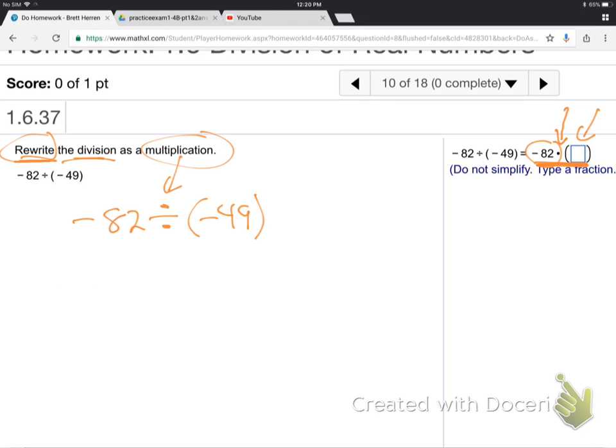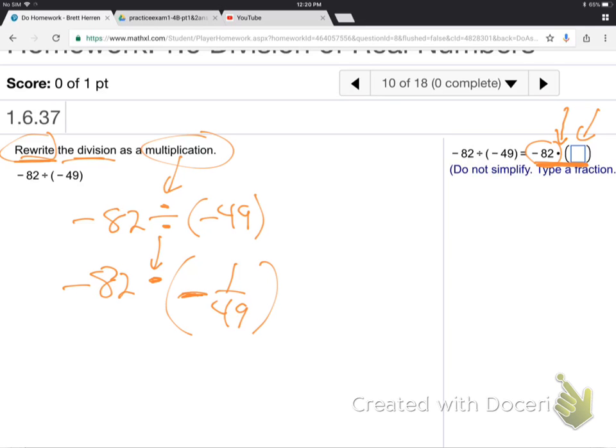Instead of minus 82 divided by something, make it minus 82 times something. How can I change the question? It also says type as a fraction, so what I'm thinking is probably it's going to be 1 over negative 49. Yeah, exactly.